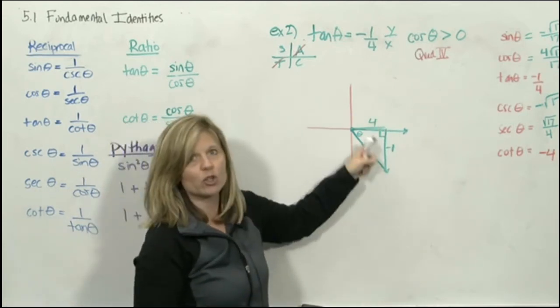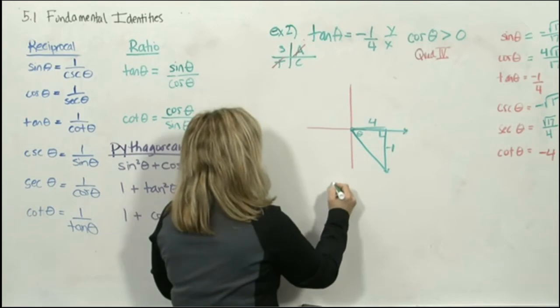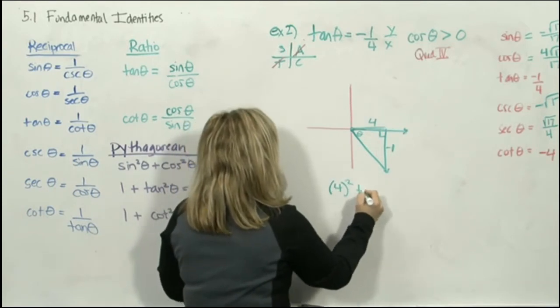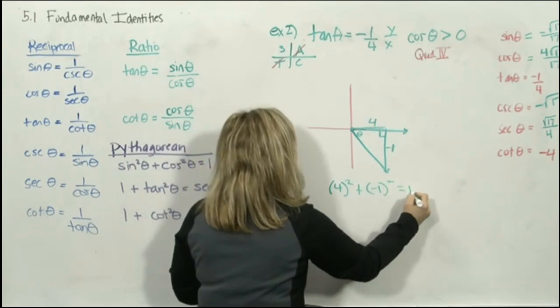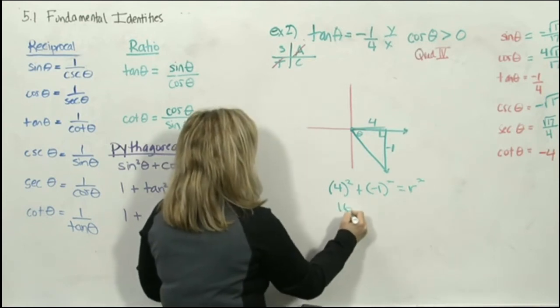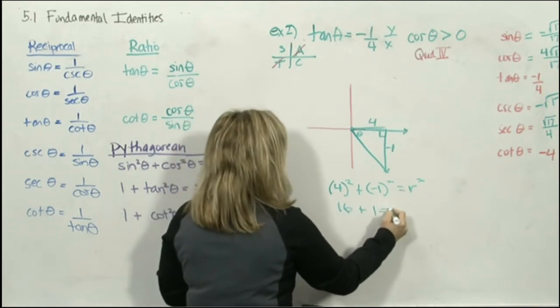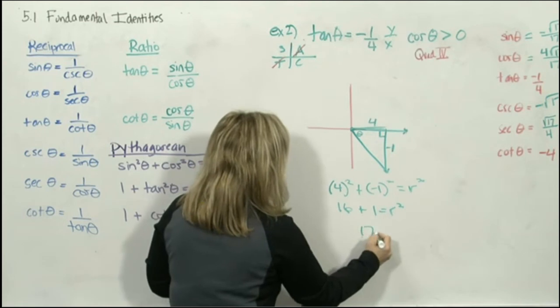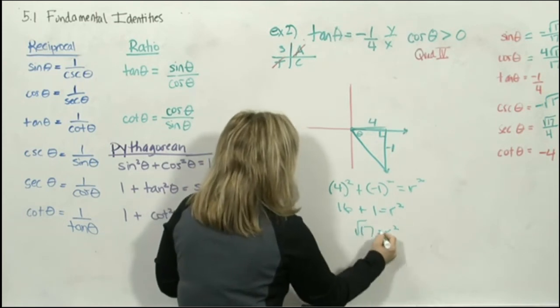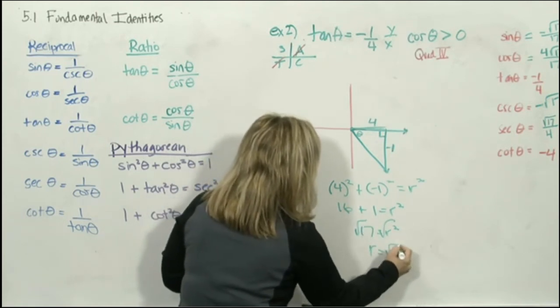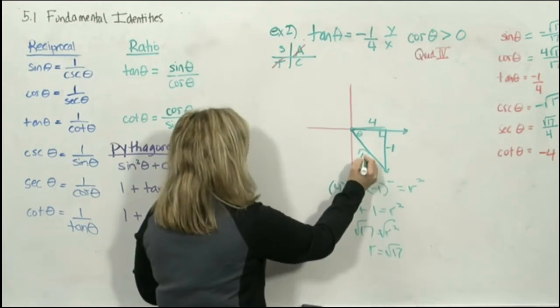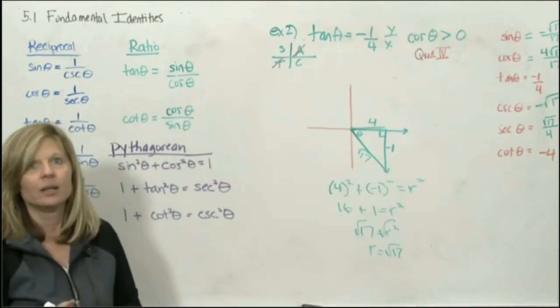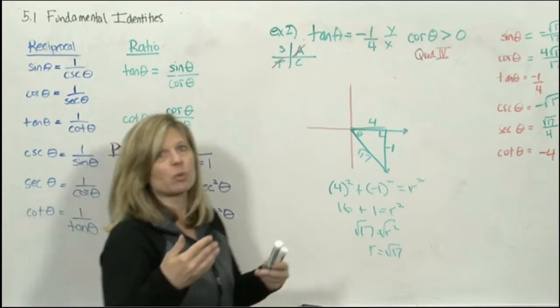This is not one of our triples, so we would do 4 squared plus -1 squared equals r squared. 4 squared is 16, -1 squared is 1. If I add, I get 17 is r squared. We square root. The radius is the square root of 17, and the radius was always positive. Correct?